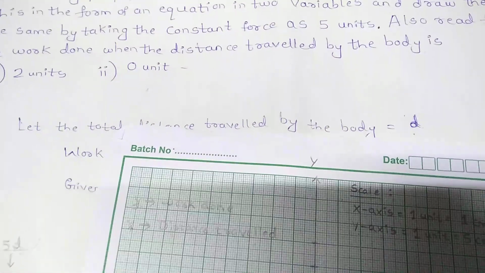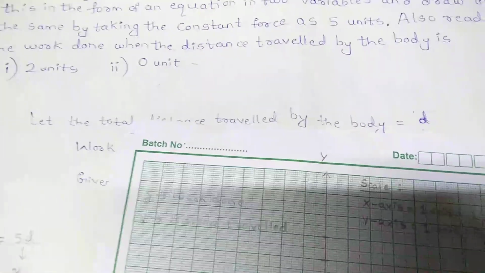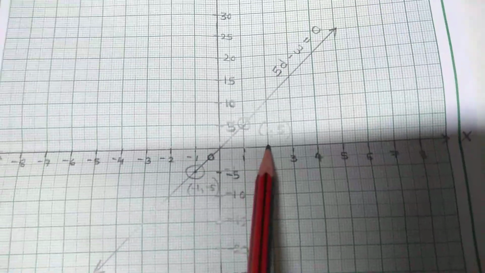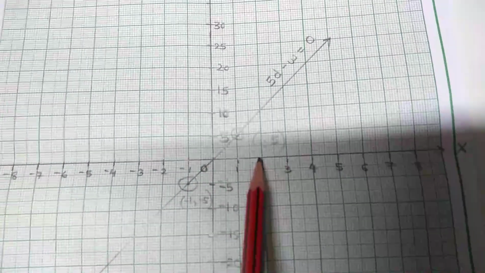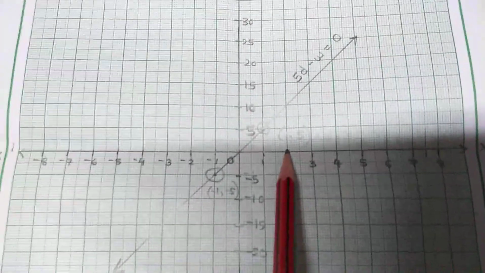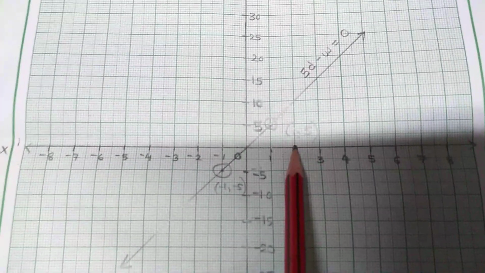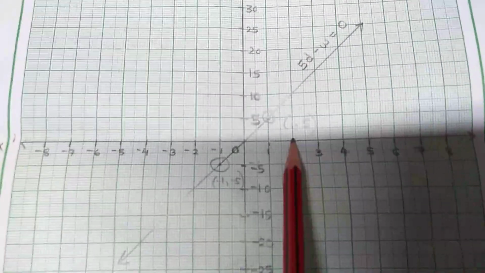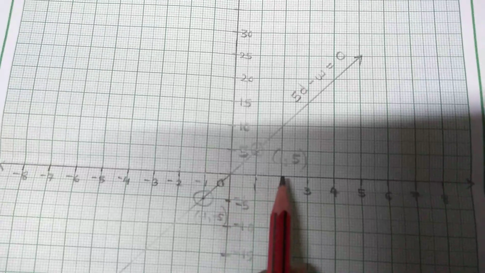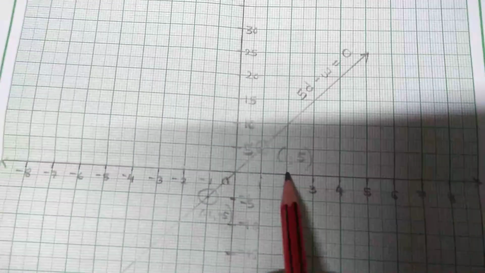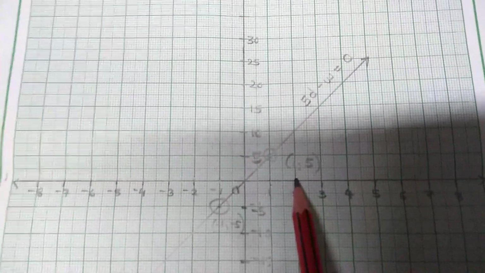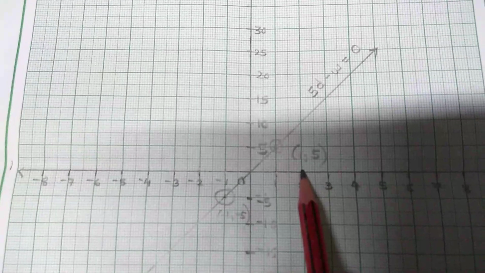So the second part of the question is: from the graph, also read what is the work done when the distance traveled by the body is 2 units. When the body covers a distance of 2 units, what is the work done by that particular body? If you observe, the body has now traveled a distance of 2 units. Work done will always be positive.